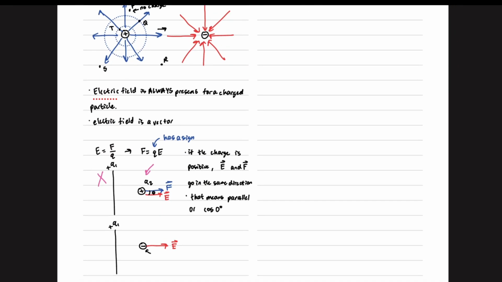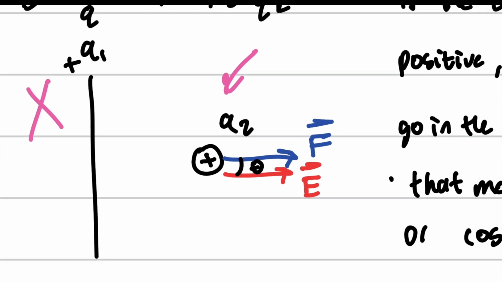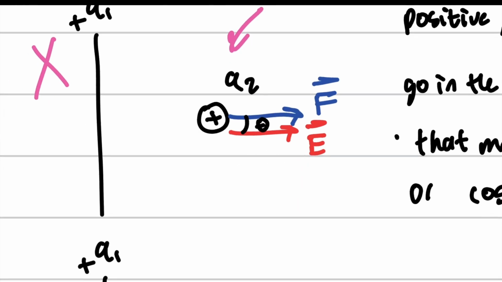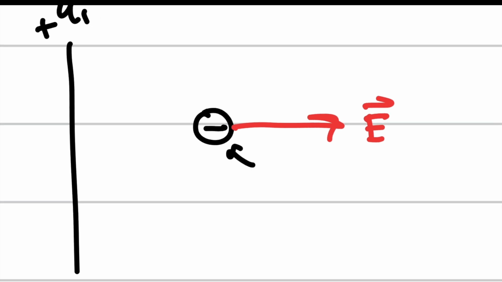Now we're putting force and electric field together to compare them. So this time, at that arbitrary point, there is going to be a charged particle. Okay, I just want to make that clear. So in this case, the charged particle is negative. Now, what direction do you think the force would be in? It would be in the opposite direction.